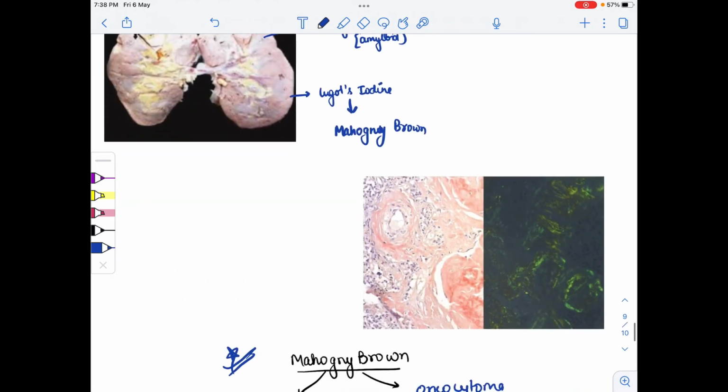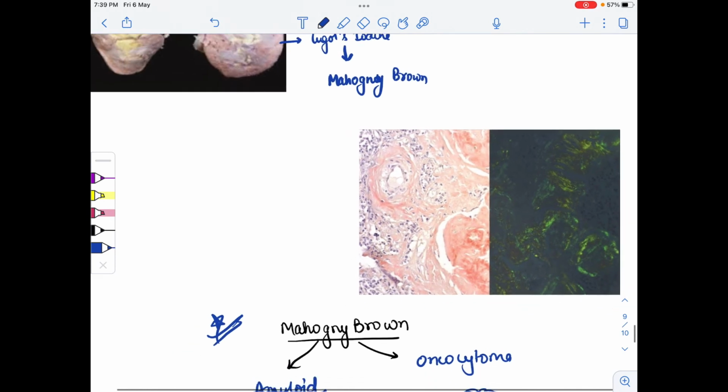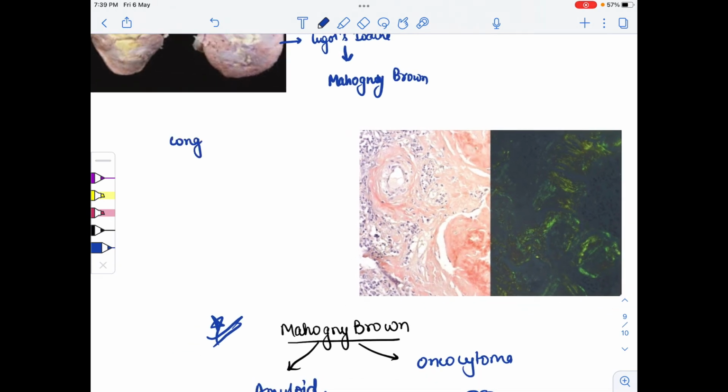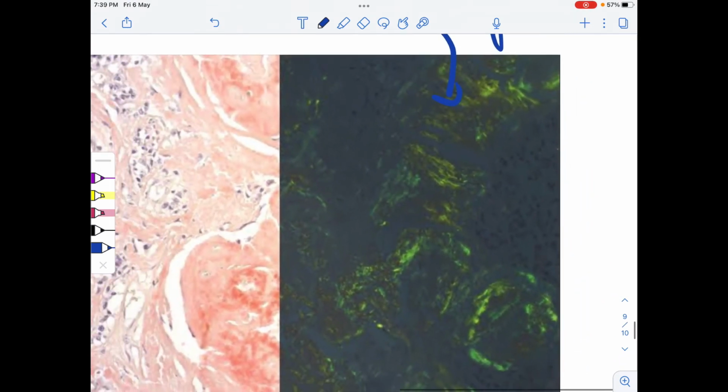Now let's see this image. So this is the image of that particular stain. In this we see a Congo red stain, and in the Congo red stain under the polarizing light, please see it very carefully. This is under the polarizing light.